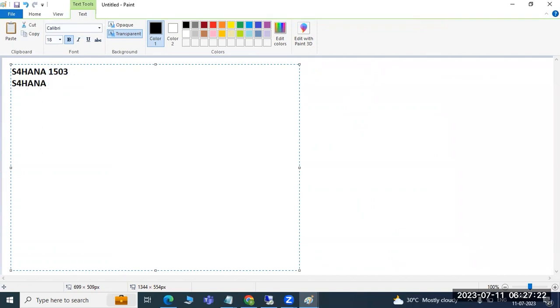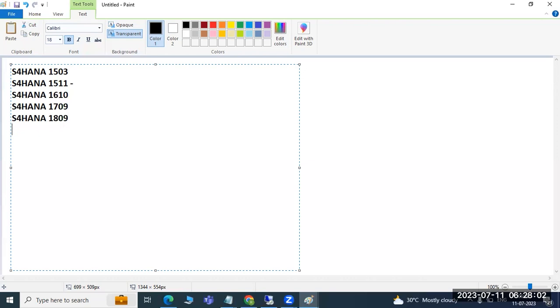They have a simple naming convention. Then 1511 is the 2015 eleventh month, when they released S4 HANA. Then 1610, then 1709, then 1808.